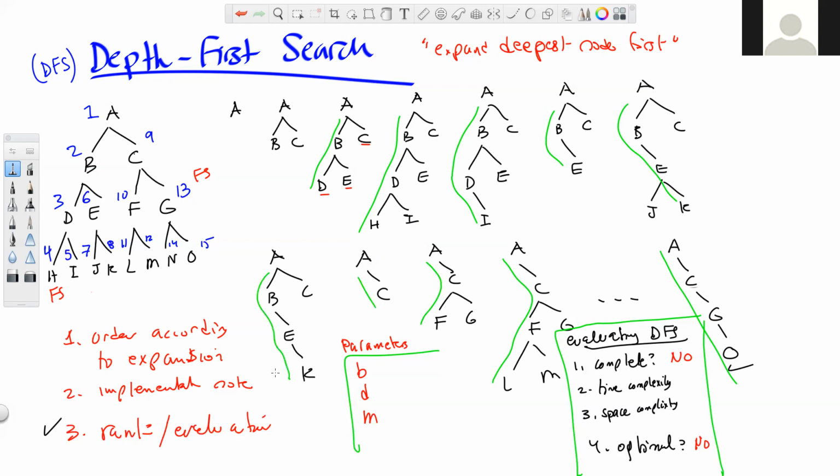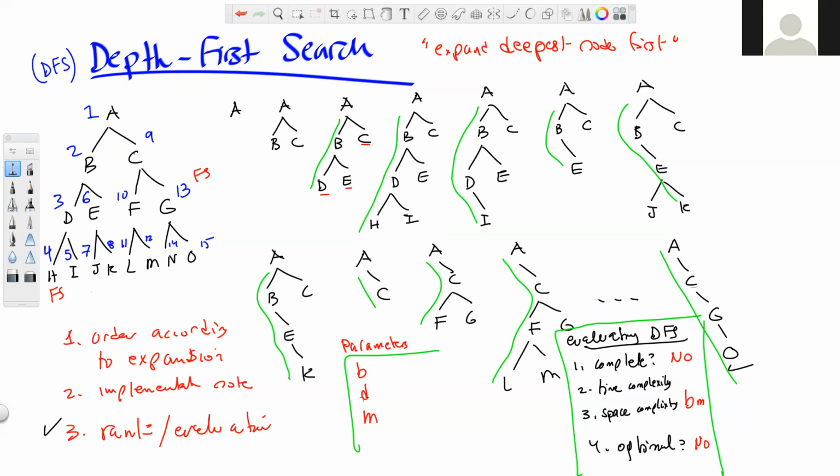So it is linear in the height. But as you go down, you may have to keep siblings, and the number of siblings of any node on that tallest path is no more than b, the branching factor. So in this particular case the space complexity is going to be bm.